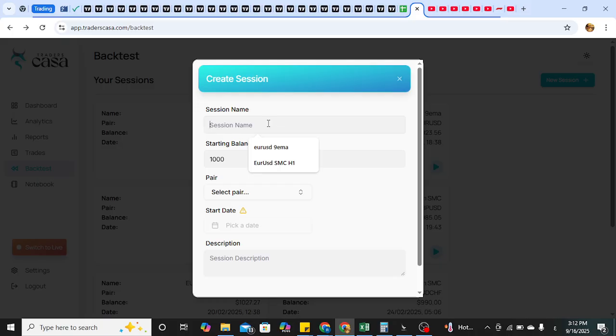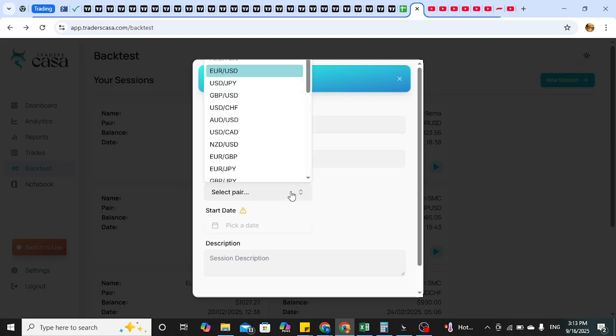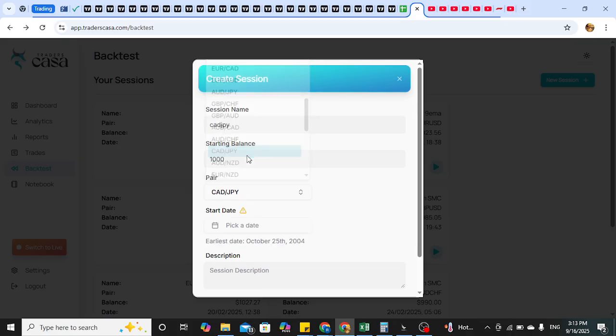Okay, so the session name, let's say, today we are going to do the CAD JPY. Starting balance at 1000, select pair. We're going to use the CAD JPY.